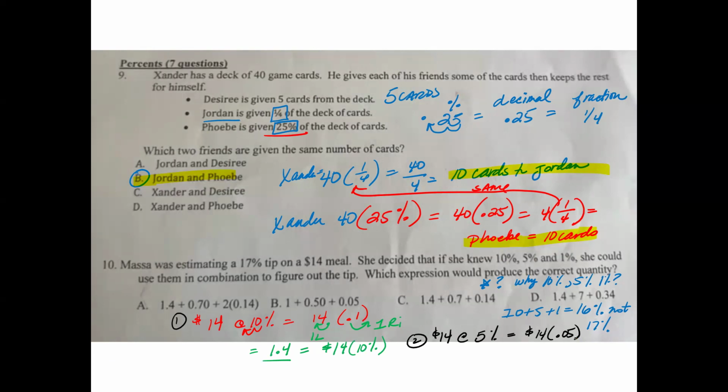So at 0.05, okay, so 10% is $1.40, right? 0.05 or 5% is gonna be half, right? 5% is half of 10%, correct? So if 10% equals $1.40, what's half of $1.40?